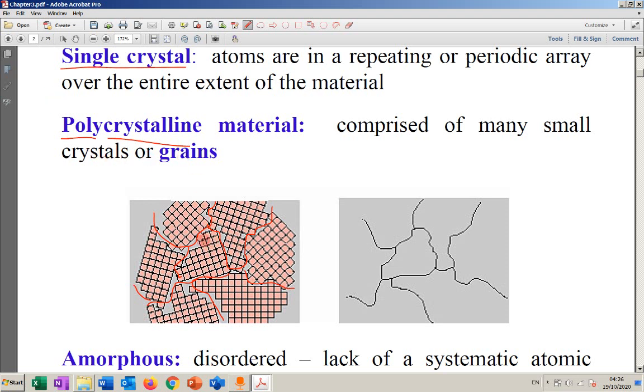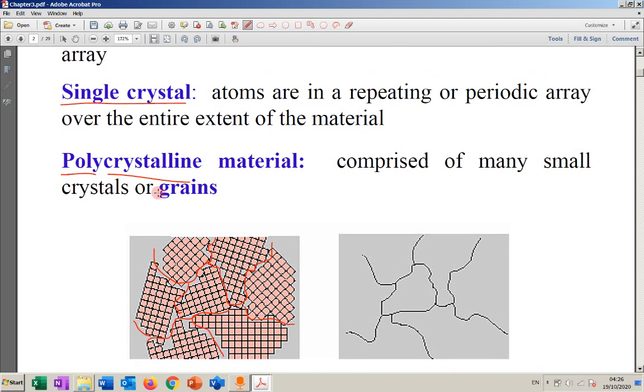Why? Because single crystal means that it is exactly the same pattern repeating all over, and it is hard for a material to be single crystal. Single crystals happen naturally, but under a perfect environment. It happens to be single crystal, but it's very rare in materials.